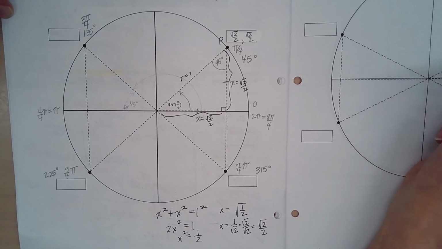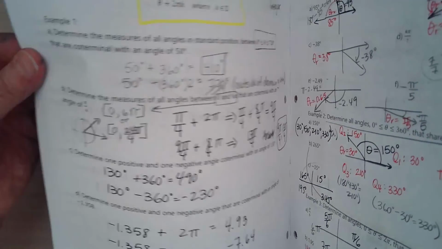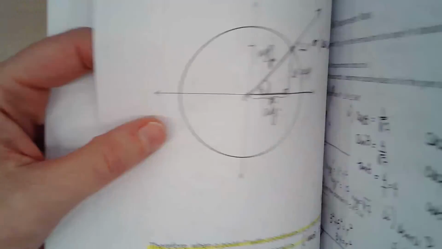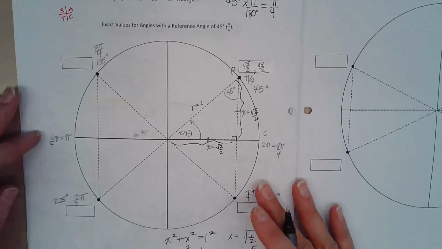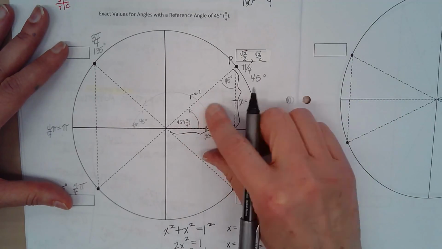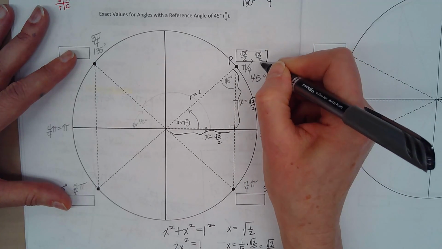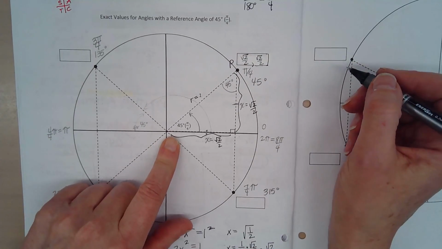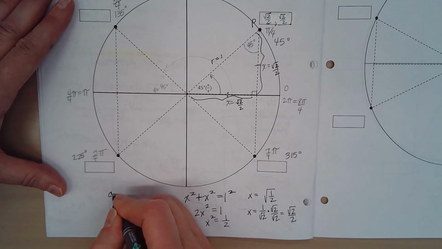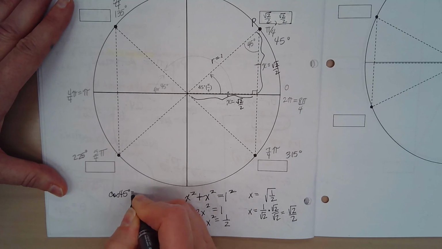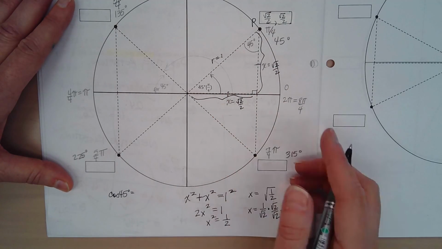Now, the interesting thing is, remember way back when we first started this unit, on page 11, that we said when we're talking about the unit circle with the radius of 1, if these are the coordinates of my point, what's cos of 45 degrees? Cos of 45 degrees would equal the adjacent side over the hypotenuse, which is just 1, right?